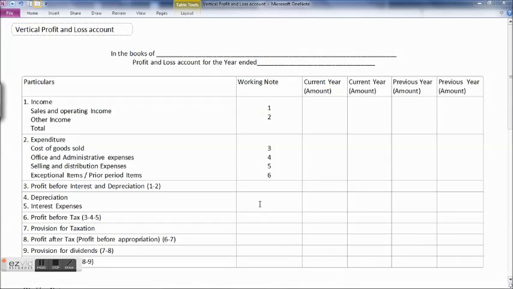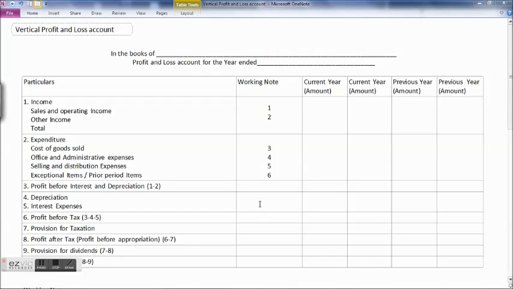Now let's understand. You have particulars, working note, then current year amount and previous year amount. In working note you have sales and operating income, note number 1. Then other income, note number 2. Then total of income, then expenditure. In expenditure you have cost of goods sold, office and administrative expense, selling and distribution expense, then exceptional items or prior period items.